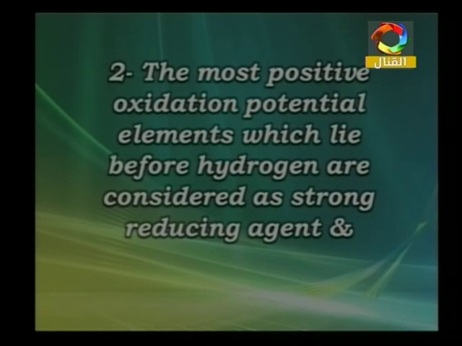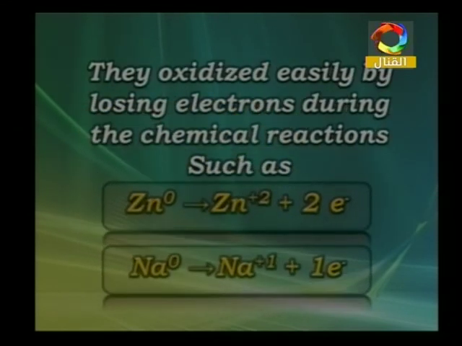It's a very strong or very active element because they lose electrons very fast, and they are called strong reducing agents. And they are oxidized easily by losing electrons. So they lose electrons all the time.